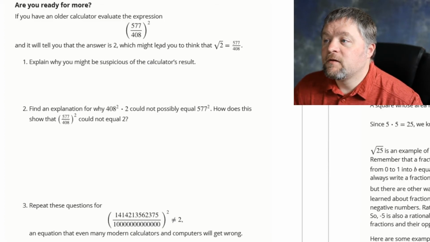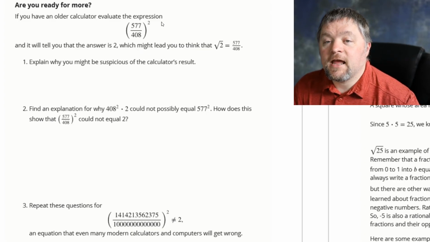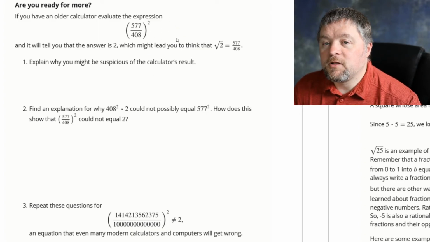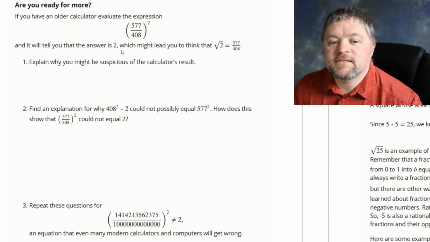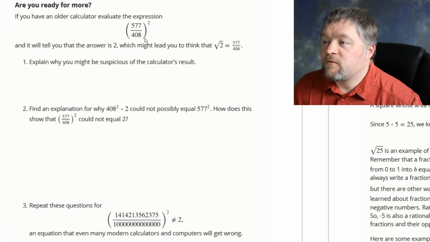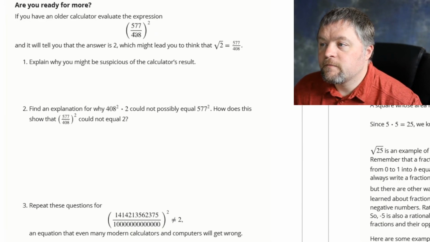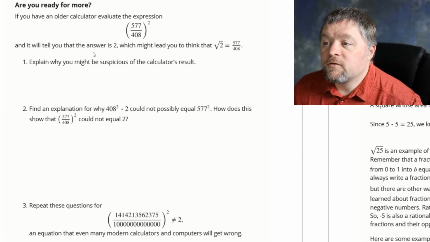If you have at home just a regular plain 4-function add, subtract, multiply, divide cheap little calculator, try plugging this in: (577 over 408) squared. A lot of old calculators will give you a value of 2 for that. Why might you be suspicious of that result?